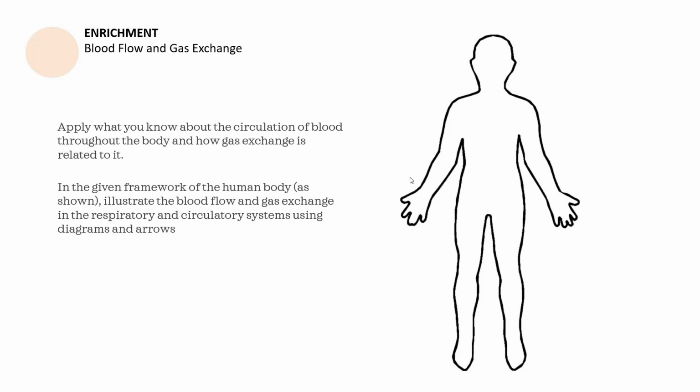In the given framework of the human body, as shown, illustrate the blood flow and gas exchange in the respiratory and circulatory systems using diagrams and using arrows. You may color your work to show the distinction of oxygen and carbon dioxide carried in the blood.